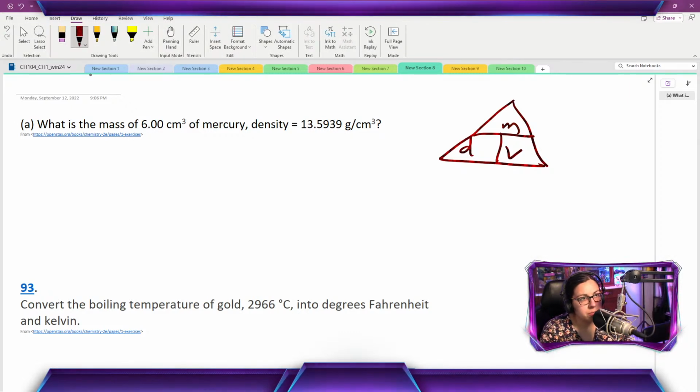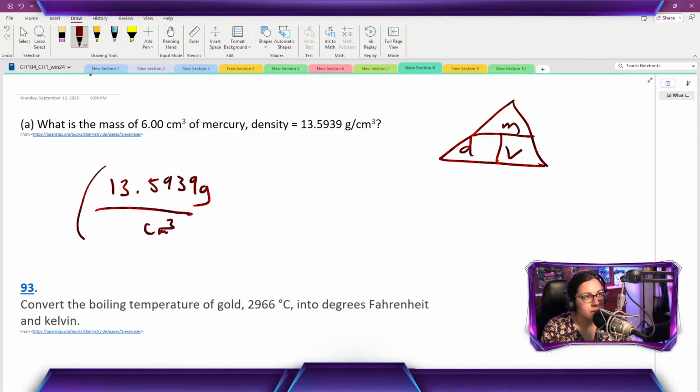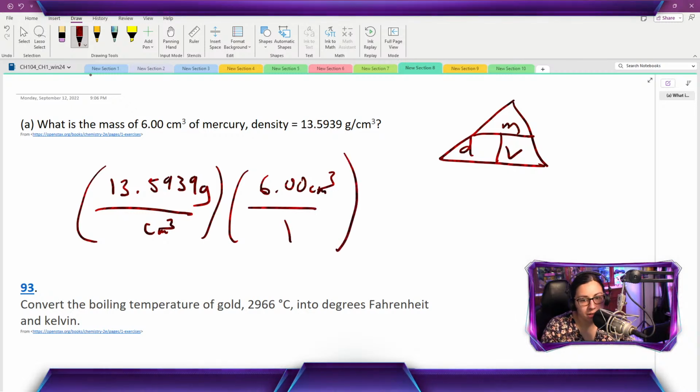So if I want to multiply those two, my density is 13.5939 grams per centimeter cubed. I'm going to multiply it by my volume. And that looks good. Centimeters cubed cancels, so that gives us grams, which is what we're looking for. And so now I need to pull out my calculator.